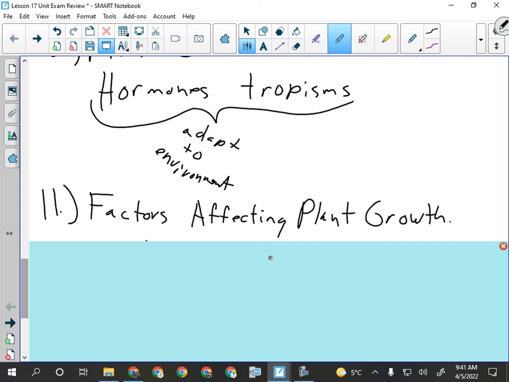I tell you a plant's in this situation, which plant hormone would be most responsible for this situation and how does it work? Plants have to adapt to this condition, they would use this plant hormone and this would happen. So being able to explain how a certain type of factor affecting plant growth could trigger a hormone reaction or production in a plant.